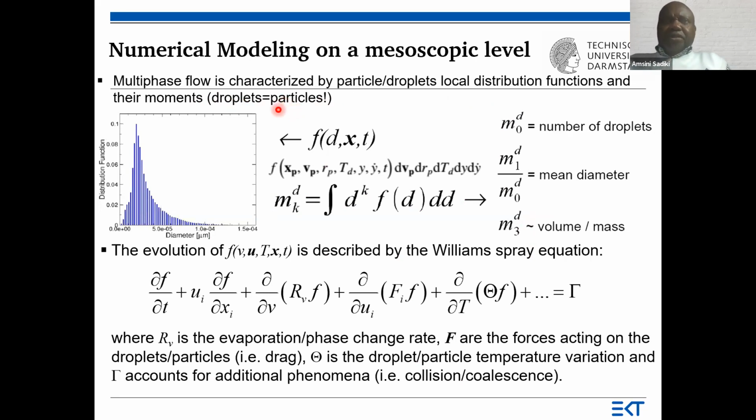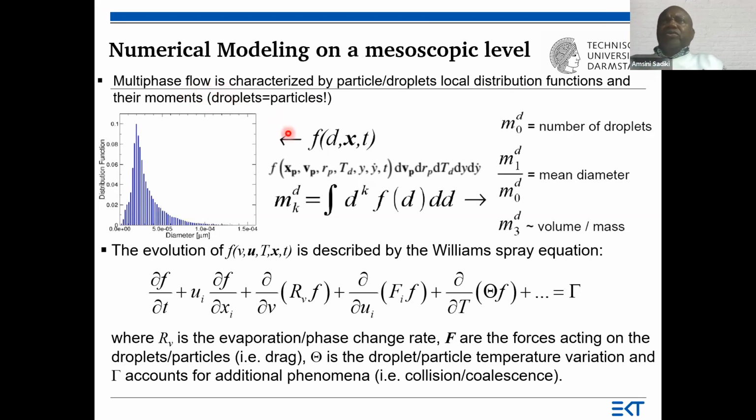And because we have different sizes and we have the amount of these particles, we have a distribution function. We can have a function which describes this distribution, and then deduce the moments related to this distribution function.